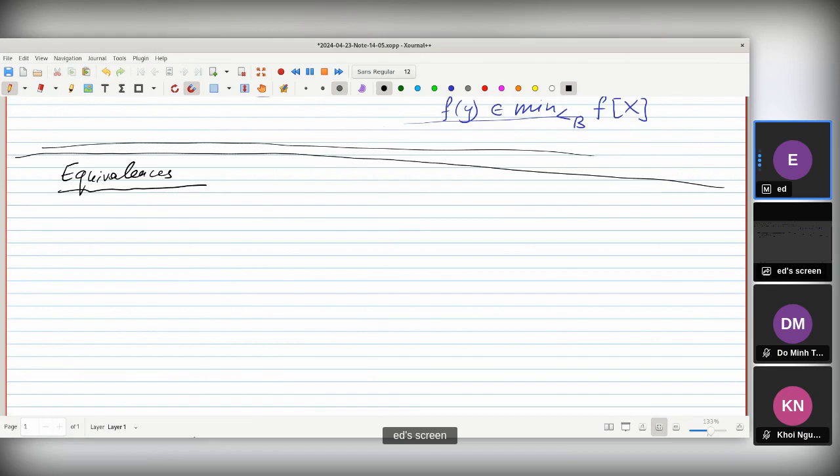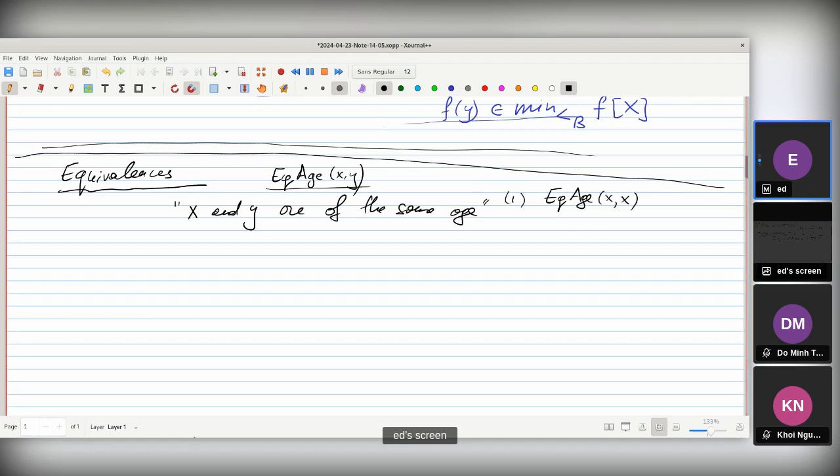But now let us look at this being of the same age as a binary relation. Say X and Y are of the same age. What does it mean? Let us somehow denote it like age of X and Y. It is a binary predicate. Which properties do we surely have? Is it the case that everyone is of the same age as himself?